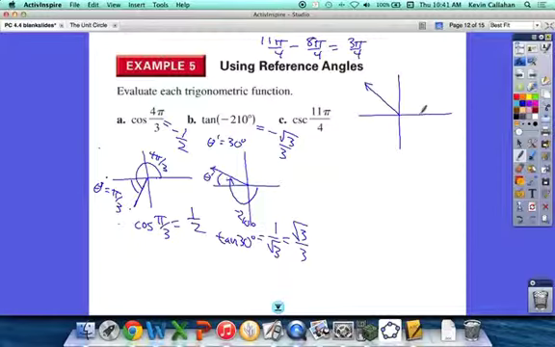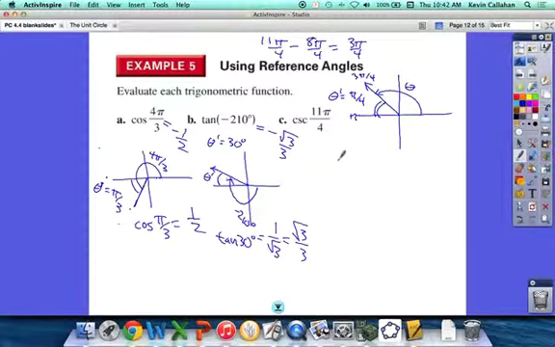So you can call that 11 pi over 4, you can call it 3 pi over 4. Theta is there. So the reference angle is this. What is that angle? It's pi over 4, right? If this is 3 pi over 4, which we just said it is, and this is pi, then what's the difference between those? Pi over 4.